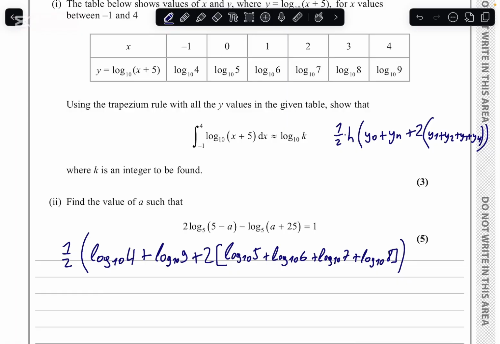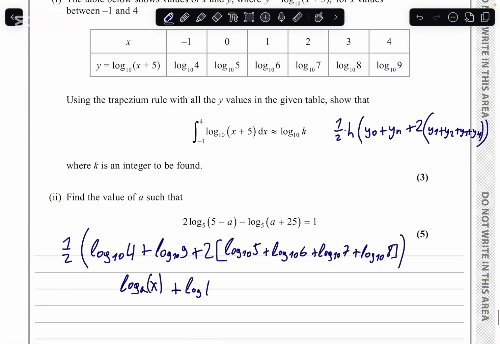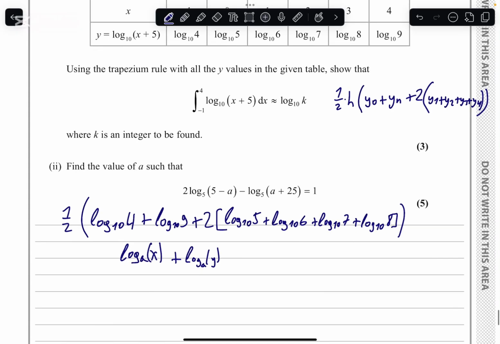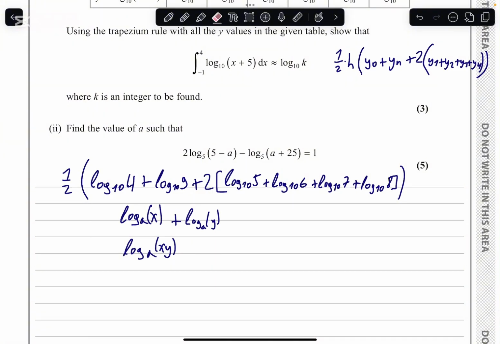Now to solve this, we need to know an identity of logs, which is log of x base a plus log of y base a is equal to log of x times y base a. So now that we know that, we can solve that pretty easily. That leaves us with 1/2. We add all this up.